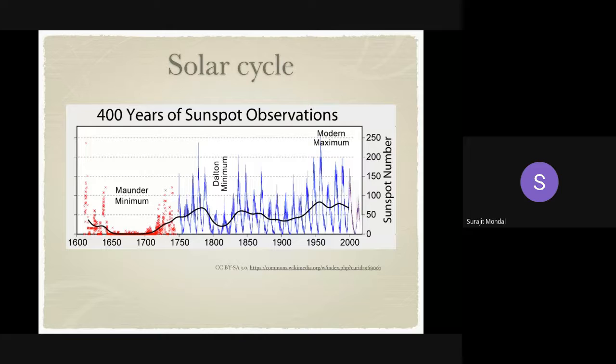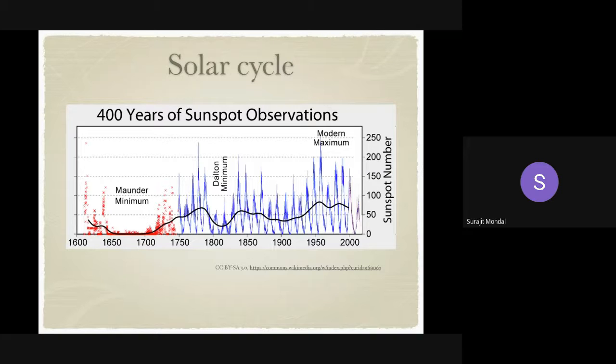Apart from this, there are some key interesting things to note here. See, in a span of about 50 years, there was not even a single sunspot on the solar disk, or very few. Remember, the periodicity is 11 years, so it was very surprising that for 50 years there was hardly any sunspot on the solar disk.